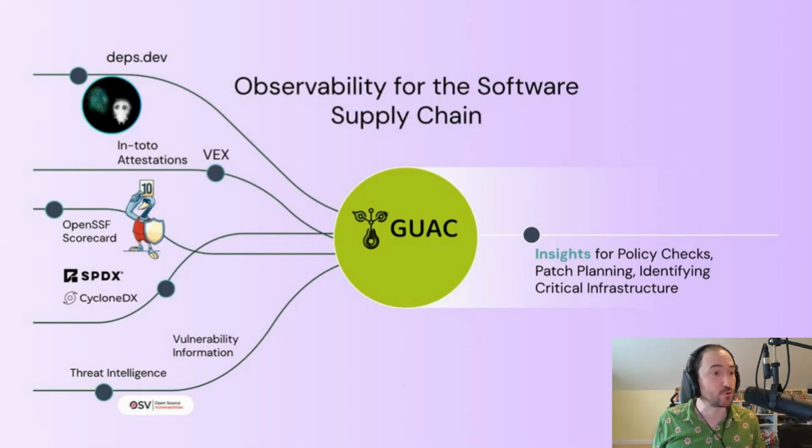For folks who are not super familiar, there's a term called VEX, the Vulnerability Exploitability Exchange, which is a way to describe whether or not you actually are vulnerable to a particular vulnerability due to things like we don't use that code path. So even though the vulnerability is in a dependency, we have declared that we're actually not vulnerable to that, right? And then also additional metadata like OpenSSF Scorecard, which can give you information about the health of your dependencies, and all sorts of other information you can pull in there.